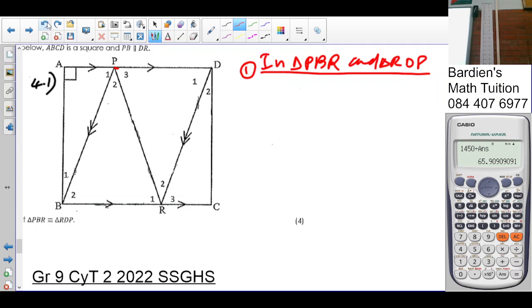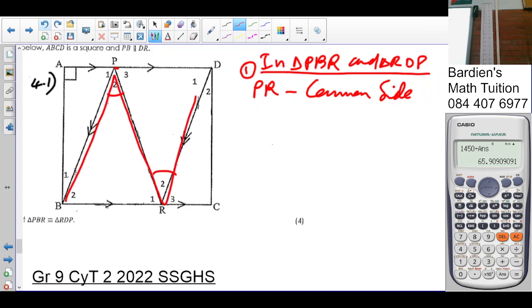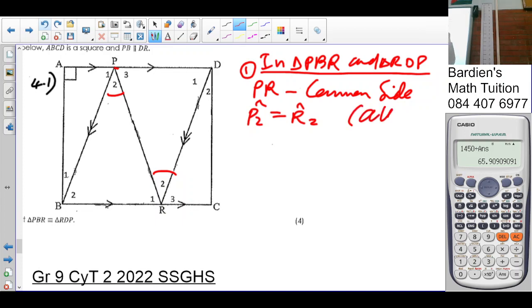You see PR is in both triangles, so PR is a common side. Right. What else can we say? P2 is equal to R2. Can you see that, people? Alternate angles there. So P2 is equal to R2. Why? Alternate angles, with PB being parallel to RT. One more.